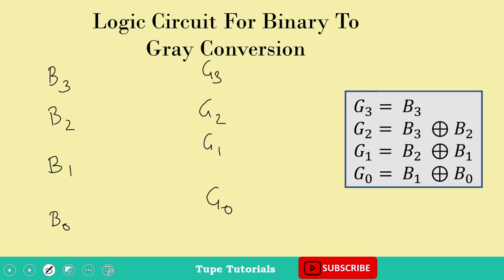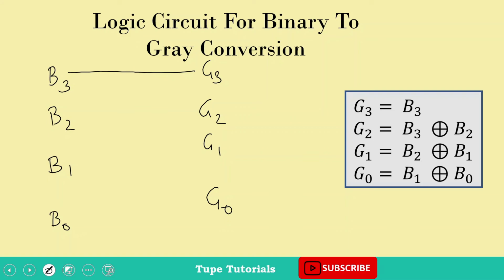You don't have to remember the logic circuit, just remember this formula and you can create your own logic circuit. So what it is saying, G3 is equal to B3. So B3 is directly passed to G3. There is no logic circuit in between them. So this line will pass as it is to G3.